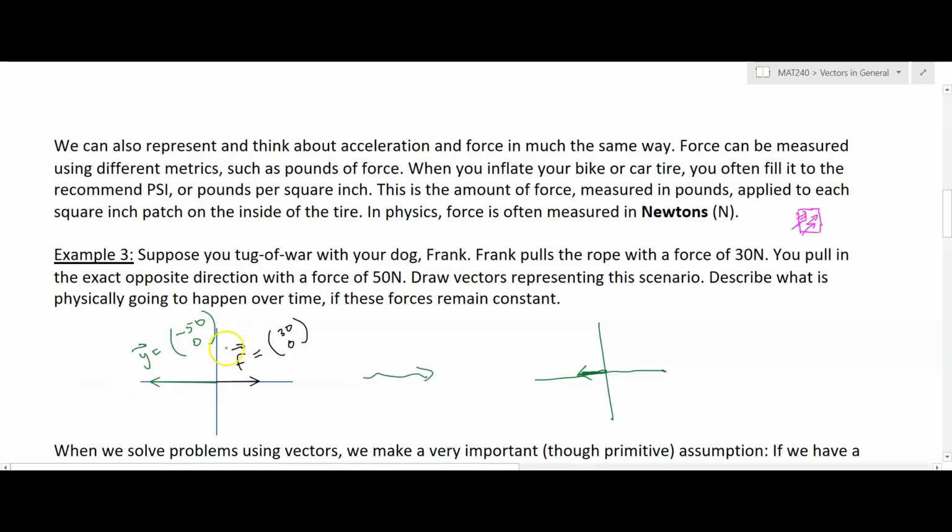If you and Frank were pulling with 30 newtons each, then the rope would in theory not move, since the forces are equal in opposite directions. But since you are pulling a little bit harder, we might expect that the net vector, or the resultant vector, net force, would be the vector negative 20, 0. That is, there's going to be a net force of 20 newtons in the western direction.